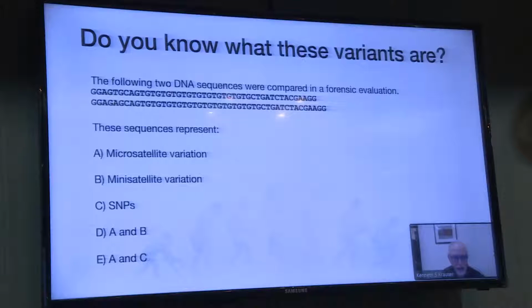These 2 sequences are somewhat similar to each other. You can see they all start out G, G, A, G, T, G, etc. But there are variations in this sequence. Can you identify which variations are present in these 2 sequences: microsatellite variation, minisatellite, which is the same as VNTR, SNPs, or combinations of those?